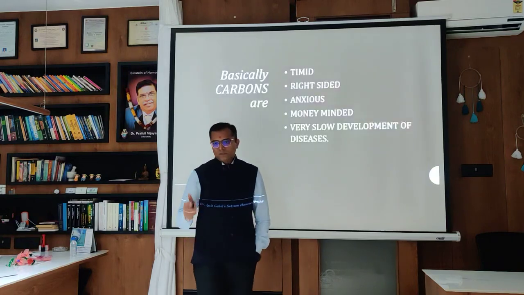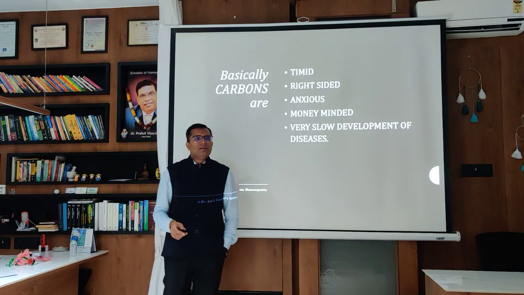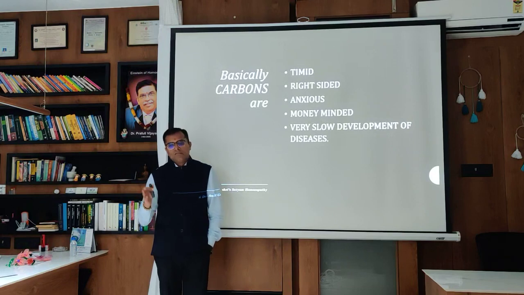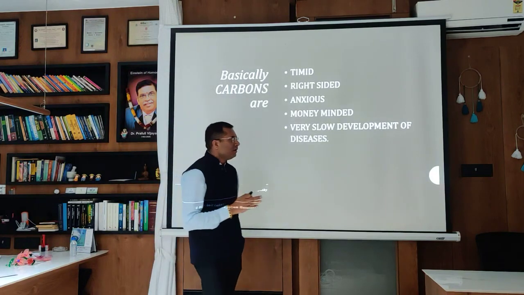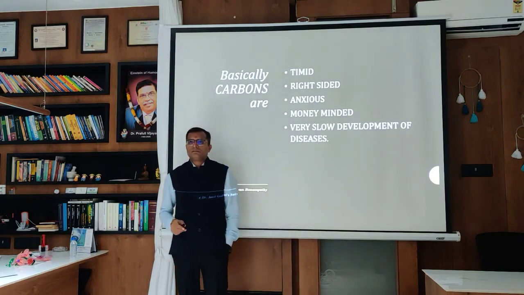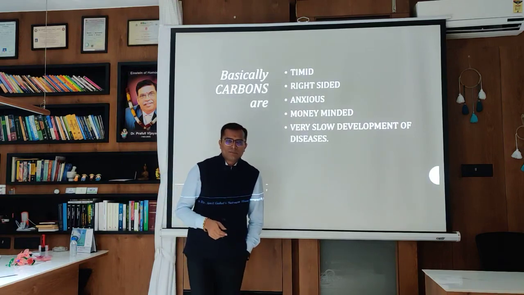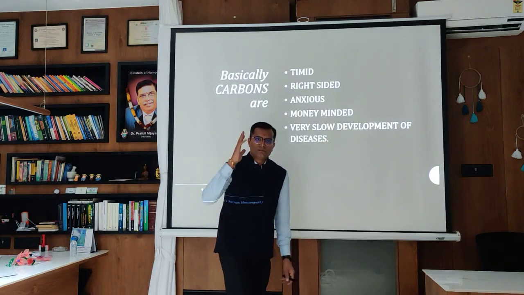Okay. So basically, carbons at the mental level are very timid, right-sided, anxious, money-minded, with very slow development of the disease. So when a person comes to you, we ask since how long you are suffering. The patient said, sir, I have had this eczema for 20 years.